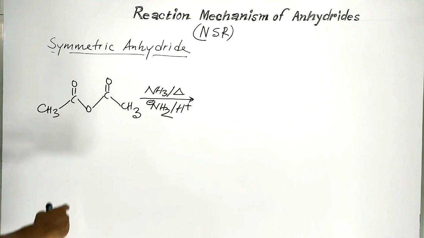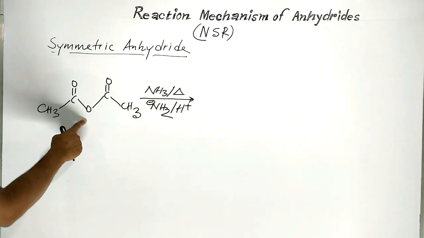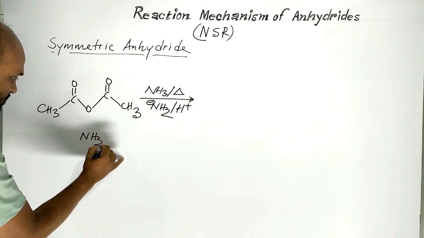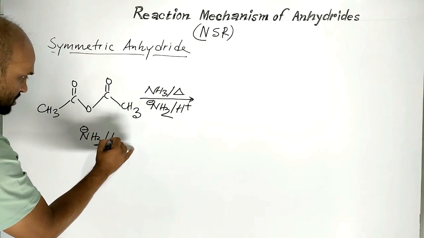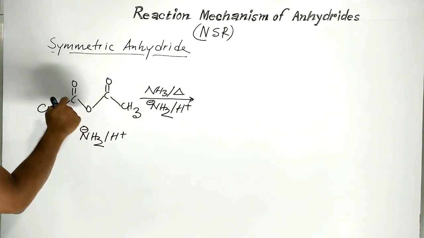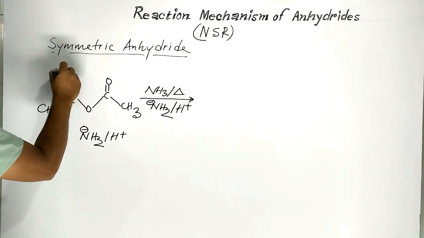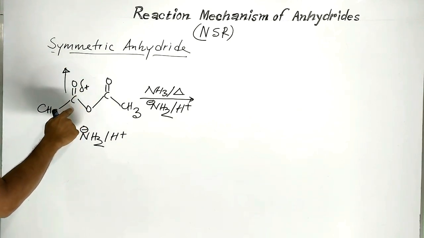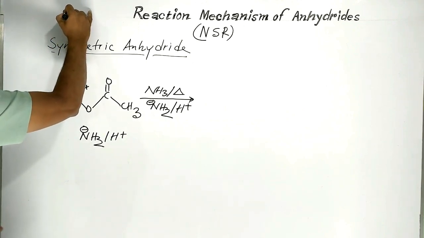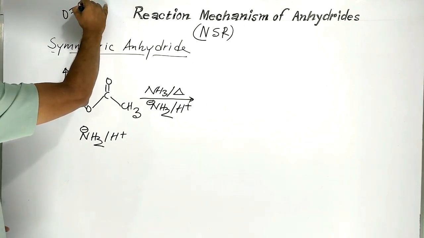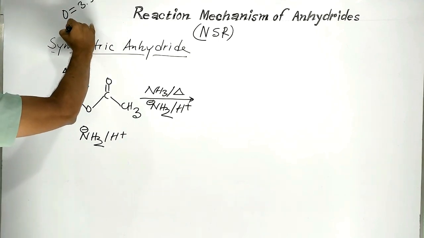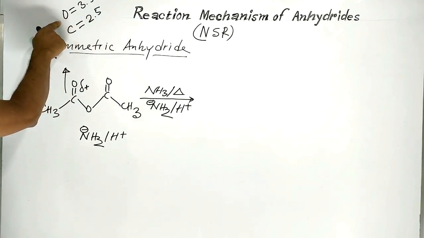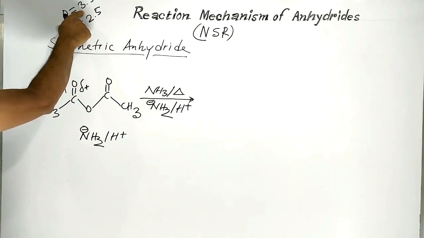When symmetric anhydride is treated with ammonia, then nucleophile, for example like this, and this is proton, this carbon becomes partially positive in charge because electronegativity of oxygen is higher than carbon. Carbon's electronegativity is 2.5, oxygen's electronegativity is 3.5.